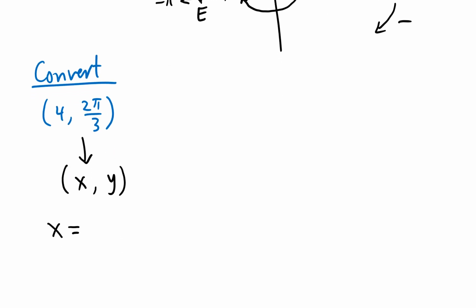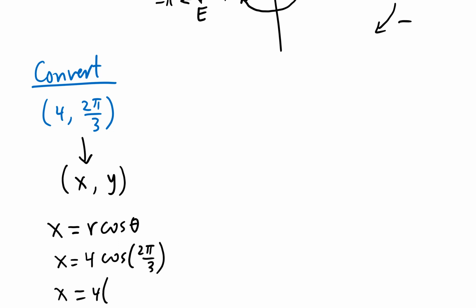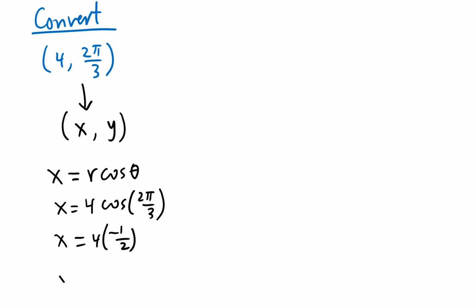We defined it at the beginning of today's lesson as r cosine theta. R is 4, cosine 2 pi over 3. Cosine 2 pi over 3 is negative 1/2. So it's negative 2.